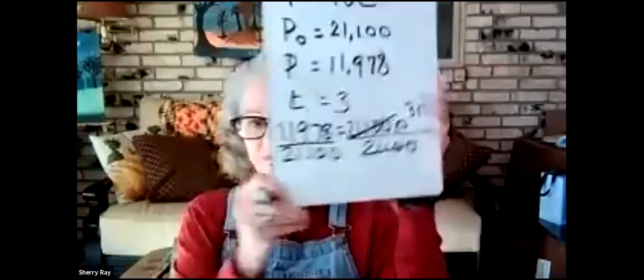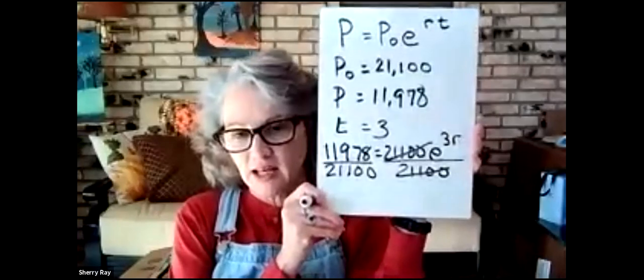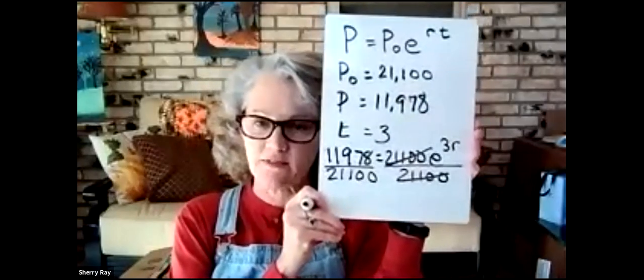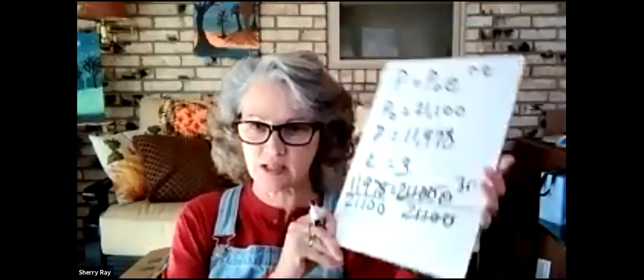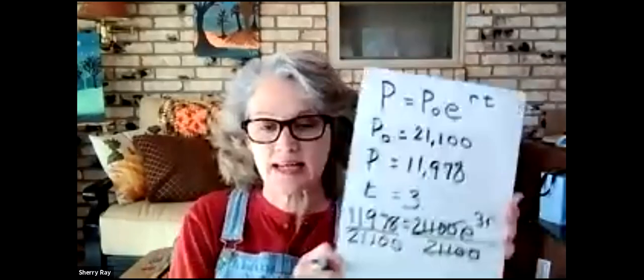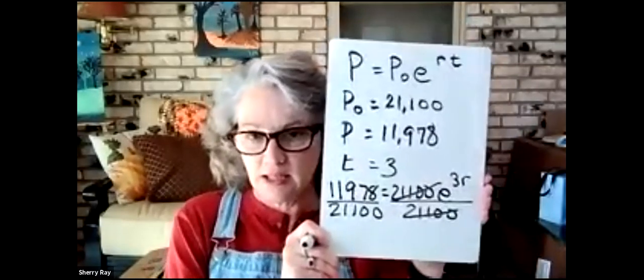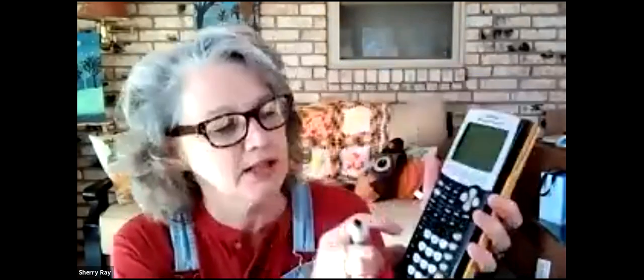Okay, and then this is going to cancel out. And so now we have an exponential equation, and we need to change this to a log equation. Now on your calculator, on the first column, you see a little LN button, and right above the LN button, you have a little e to the x.